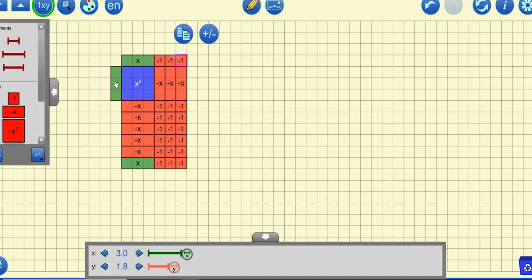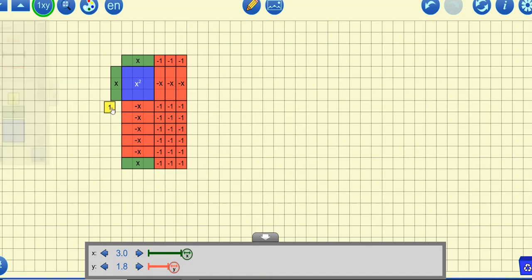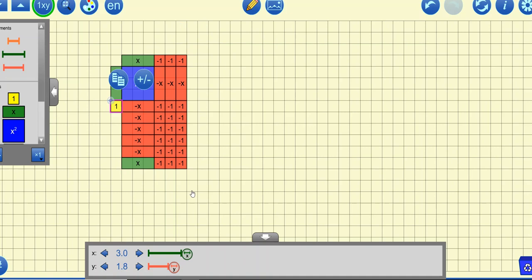So x multiplied by negative 1 would give me my negative x. But then negative 1 multiplied by something needs to give me negative 1, so that would have to be a 1. Now, this is where we come up with our problem, because 1 multiplied by x does not give me the negative x. So this is not going to work. Okay, so we need to rethink it.